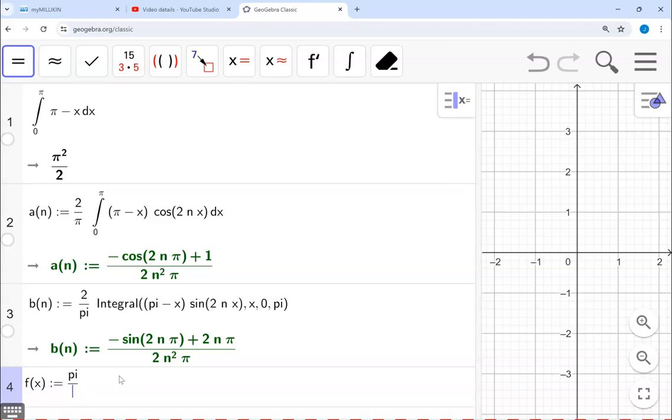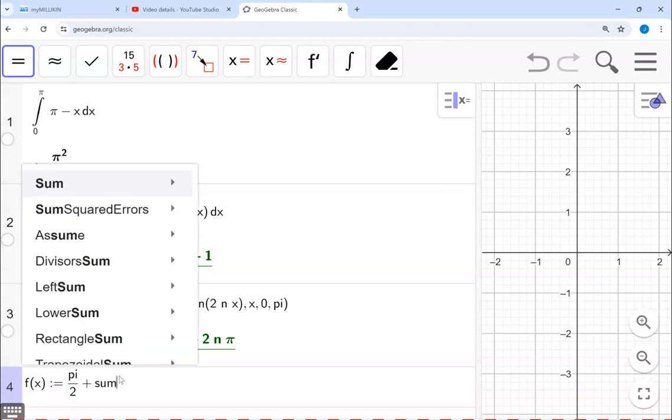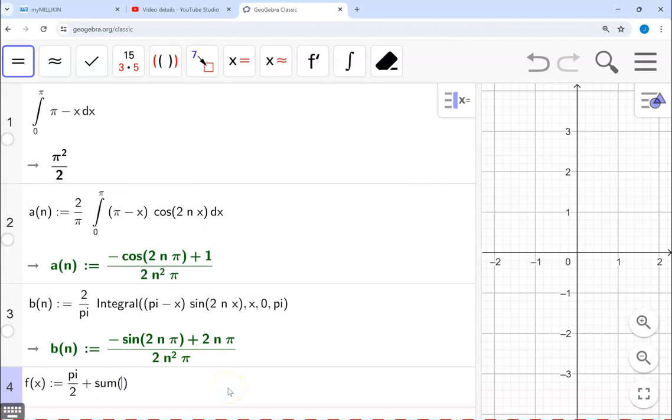So that'll just be pi over 2 plus the sum of our a of n times cosine of 2nx plus our b of n times sine of 2nx. We already took care of the half the period being divided in each of the coefficients, so I didn't need to retype it here because we took care of it in the integrals here and here.